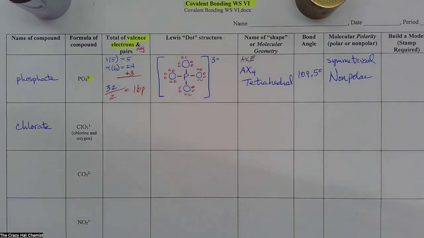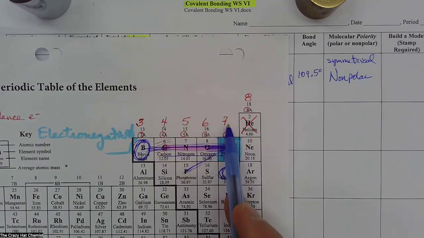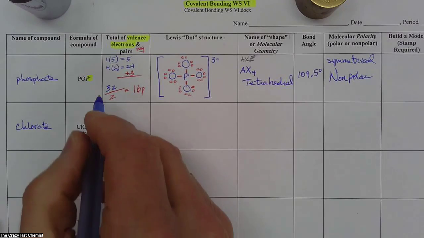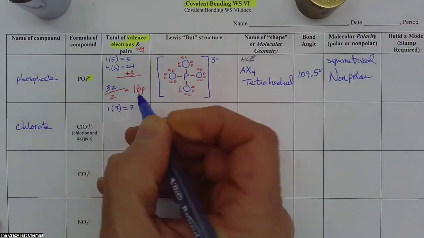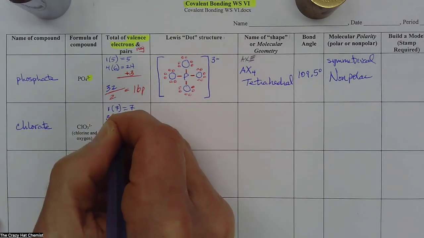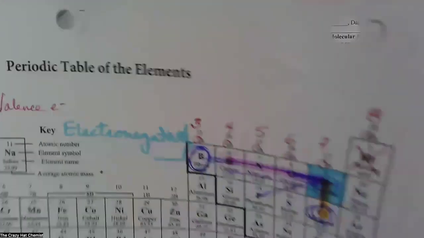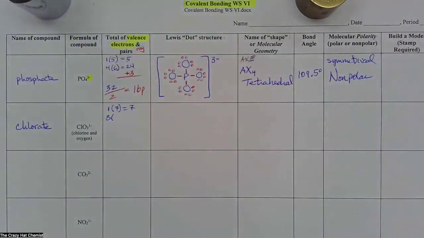So we're going to look on our periodic table. We're going to find chlorine. Chlorine is right here underneath fluorine, and that has 7 valence electrons. There is 1 chlorine, and it has 7 valence electrons, so that would be 7. Then oxygens, there are 3 oxygens, and oxygen has how many valence electrons? Oxygen is right here, 6 valence electrons.